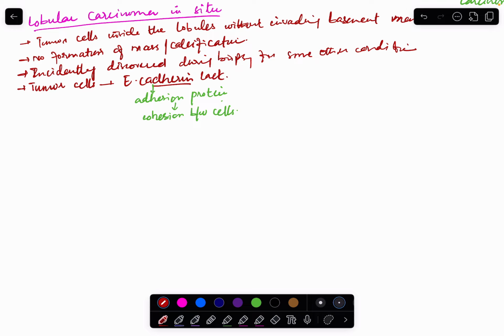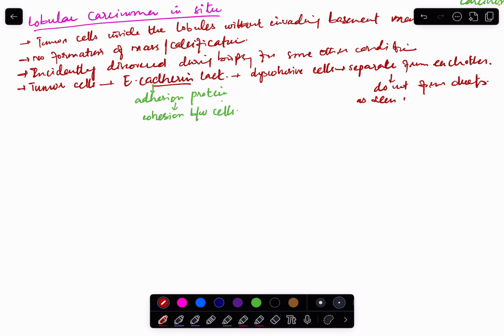They are also called discohesive cells, meaning they are separate from each other. They do not form ducts as seen in ductal carcinoma in situ.